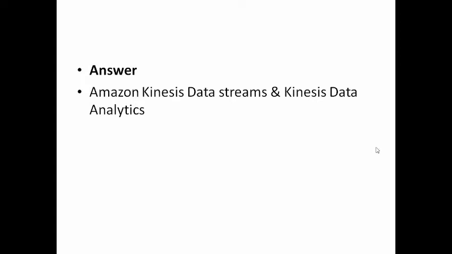And we can use Amazon Kinesis data analytics to process and analyze real-time streaming data, as analytics can use standard SQL queries to process Kinesis data streams. So since we want to use standard SQL queries, we can use Kinesis data analytics because that uses the SQL queries to process the data stream.